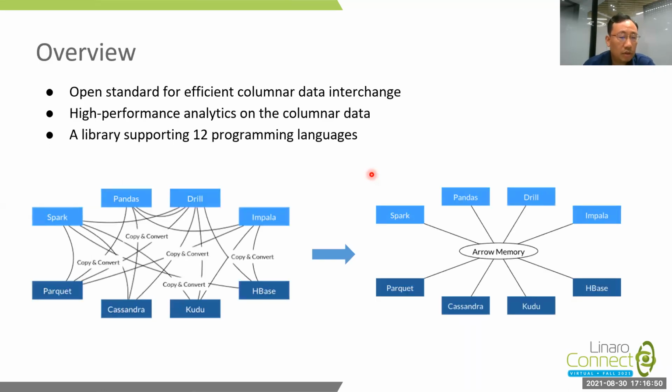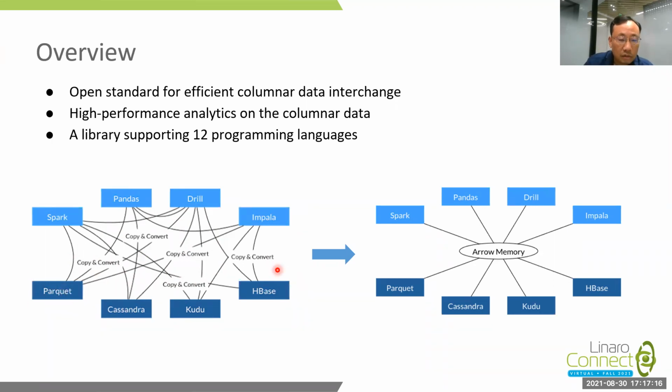The overview. So Arrow is an open standard for efficient columnar data exchange. You can see from the left picture the situation before Arrow. There are many open source big data or data science projects.